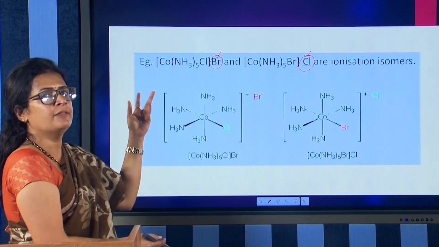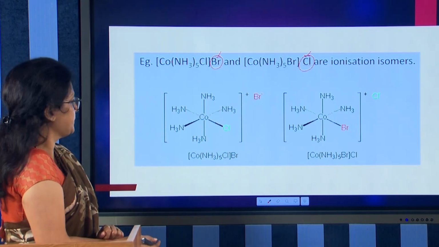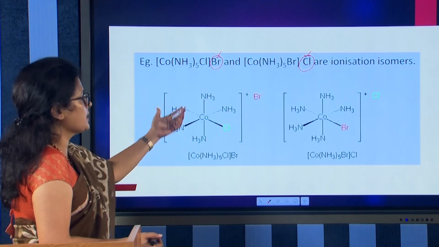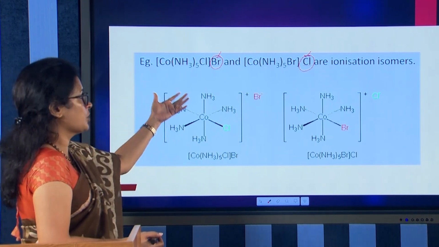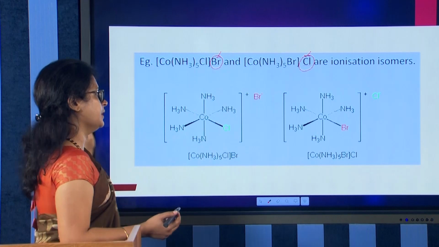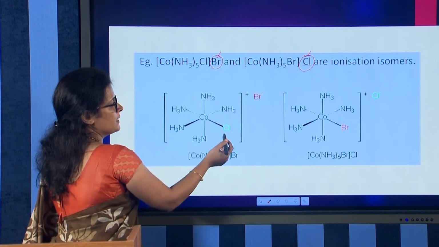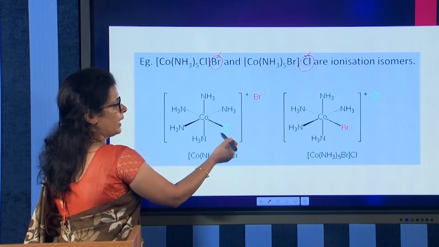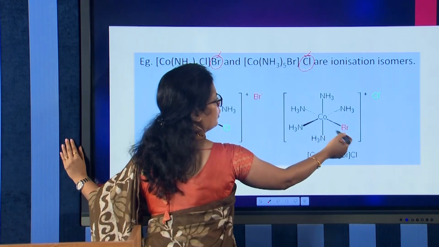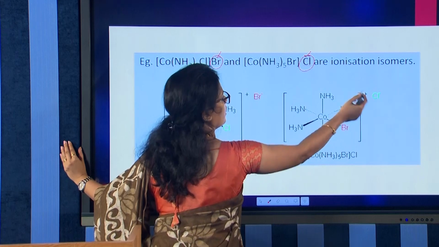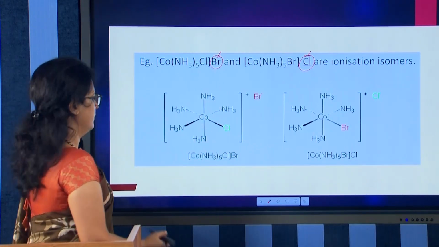Same formula but different arrangement of ligands. The structures of these complexes are given here. You can see the bromide ion is outside the coordination sphere, and inside there is a chloride ion acting as a ligand, but here bromine is acting as a ligand and the chloride ion is outside.